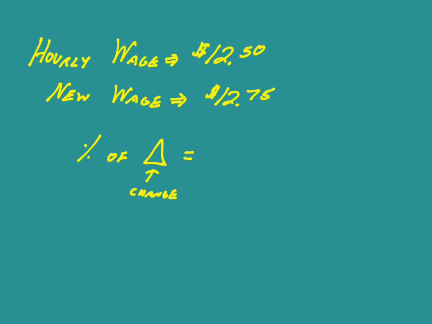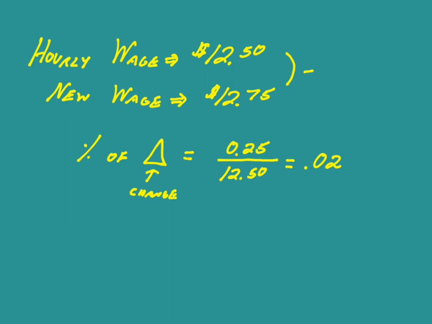Well, the first thing we've got to do is figure out how much it's changed. And so we can do that by subtracting the two. And we see that the difference between those two amounts is 25 cents. Now, the original wage we were getting is $12.50. So we are going to divide that, and when we do, we get 0.02. But then we have to change that to a percent.